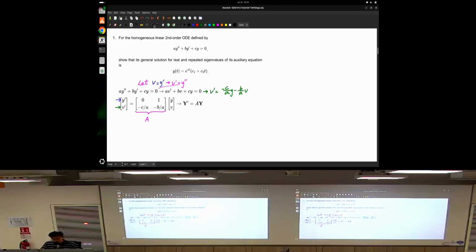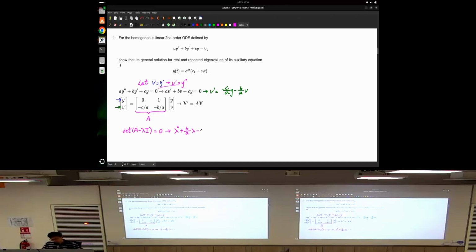So the determinant of A minus lambda I equals 0 is going to give you lambda squared plus b over a lambda plus the determinant.